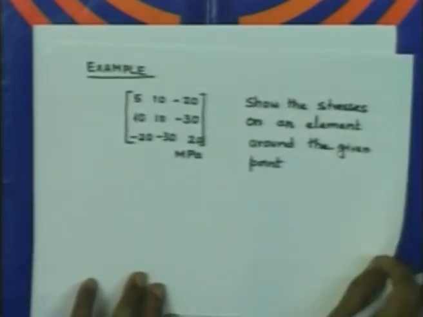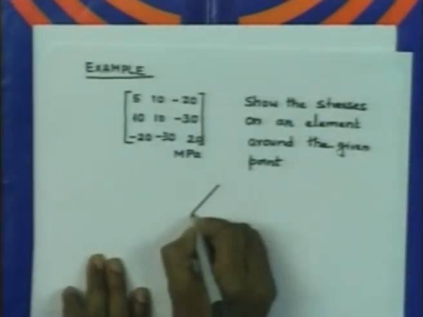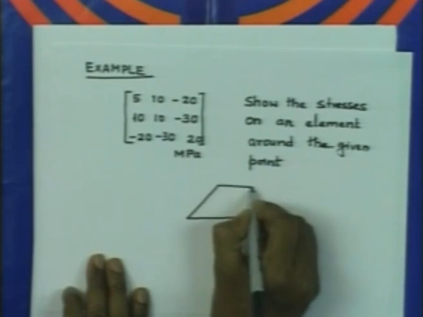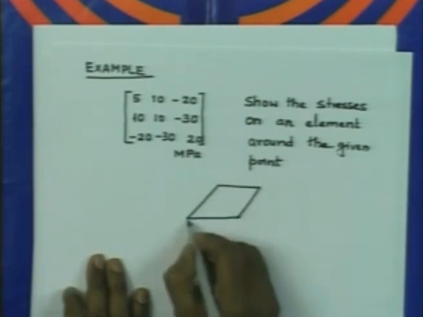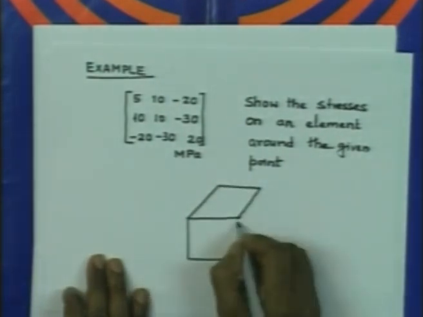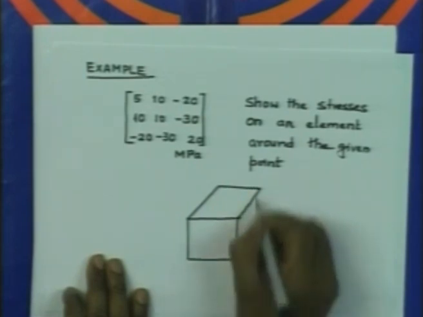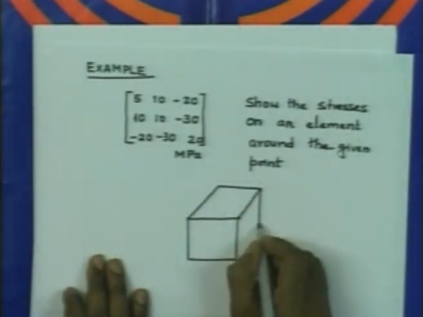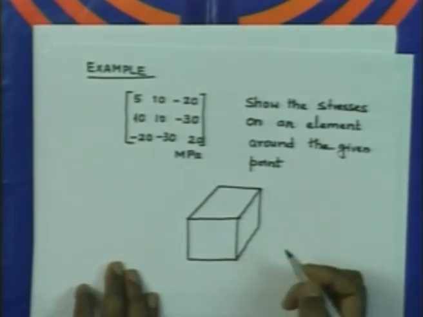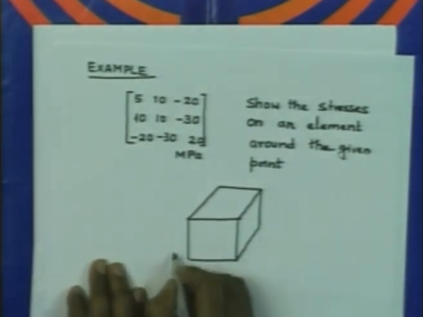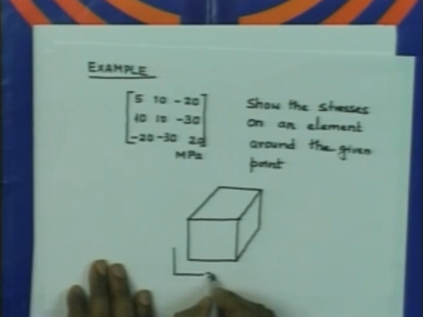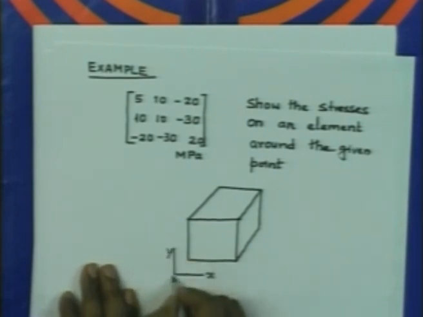So if we now consider the infinitesimal cube around the point, I will just show the stresses on the positive faces, and we will have the same convention for the axes.